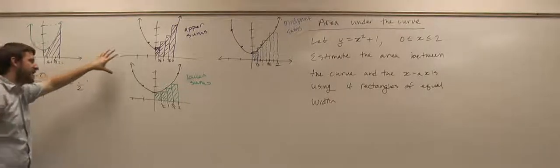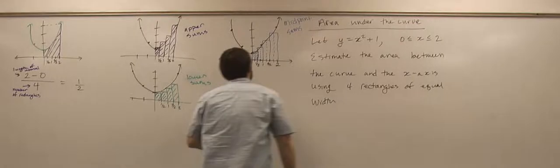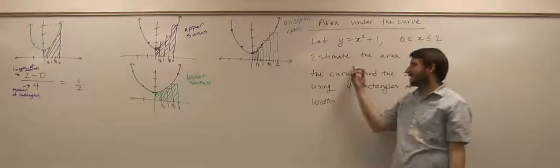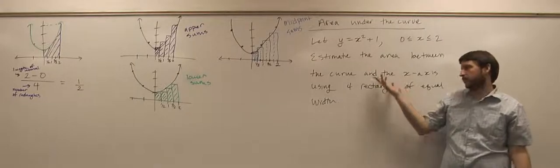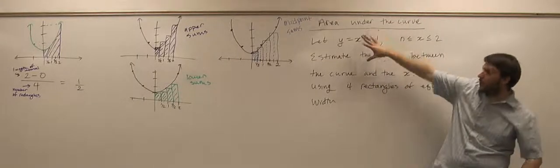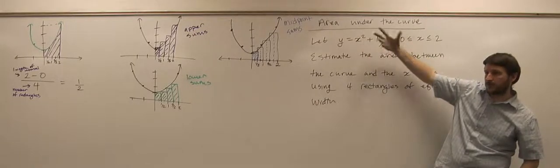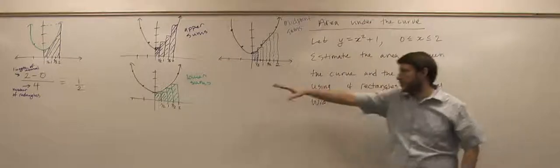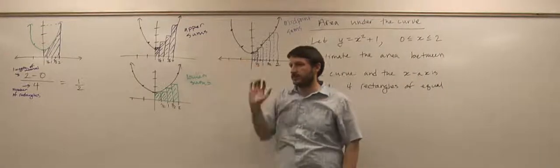So each one of these is an estimate of the area under the curve using 4 rectangles of equal width. Since I didn't really specify, do any of it. In general, though, I will tell you what I want you to do: either upper sums, lower sums, or midpoint sums. But I needed to draw you each one so you saw the difference.